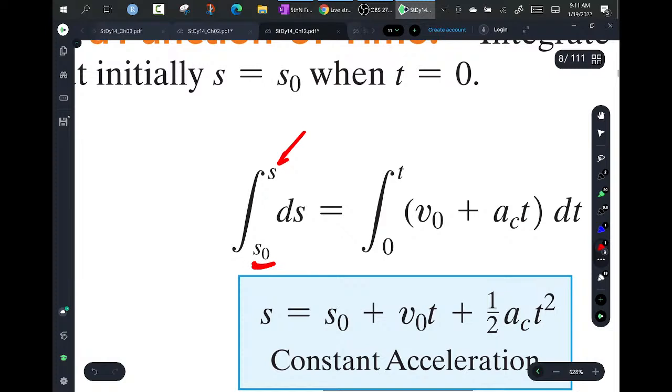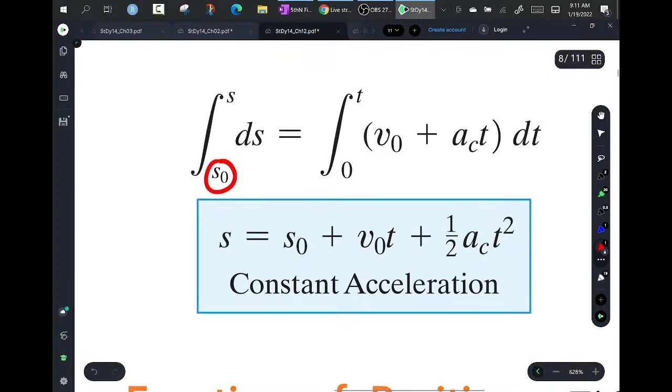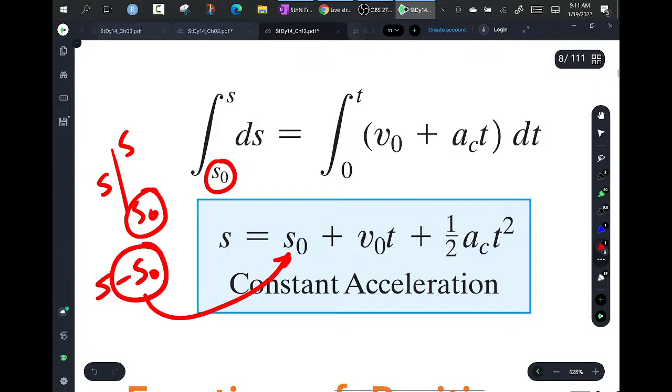The S0 implies that that 0 is attached to it. So just be aware of that. Once you do this, you get the S0 over here because you get S evaluated from S0 to S. On the left side you're going to get S minus S0. You take the plus S0, move it to the right, and you got that.